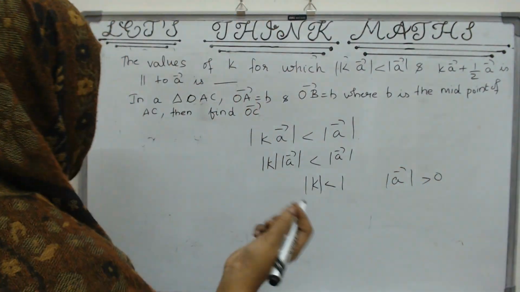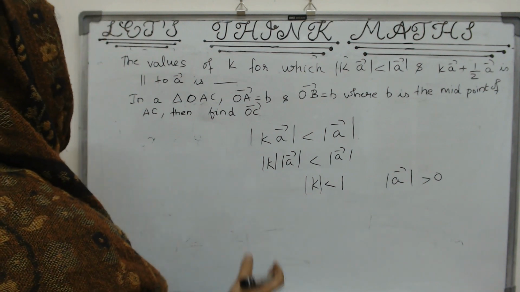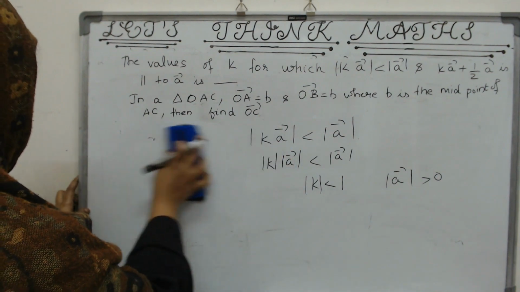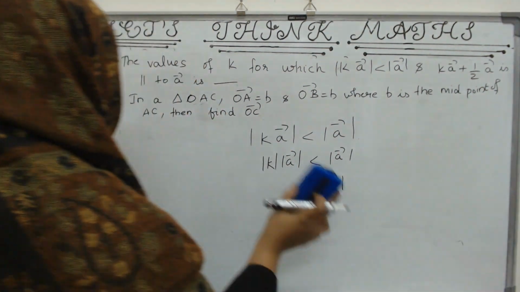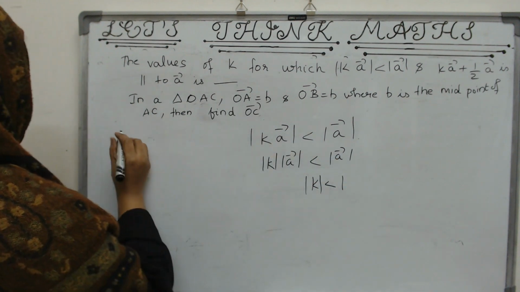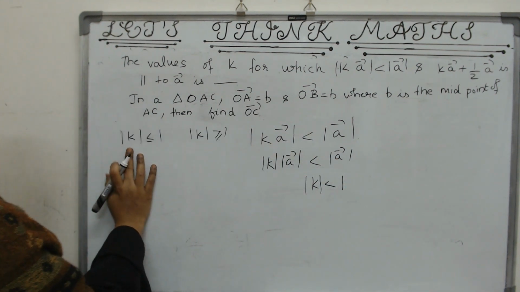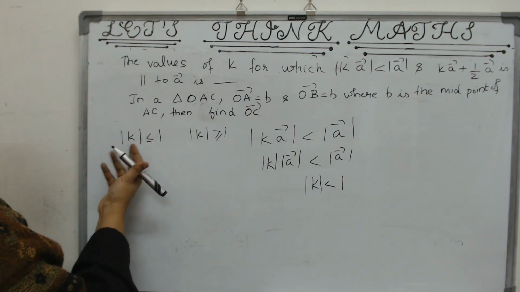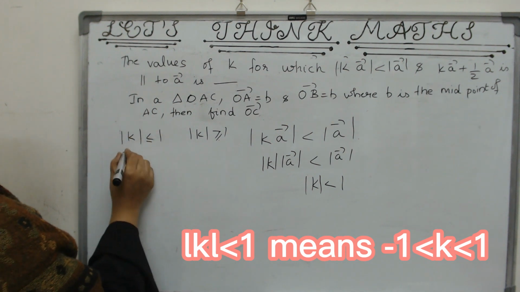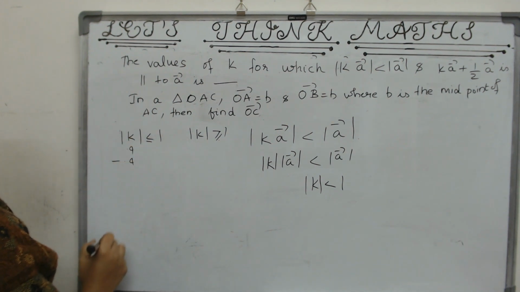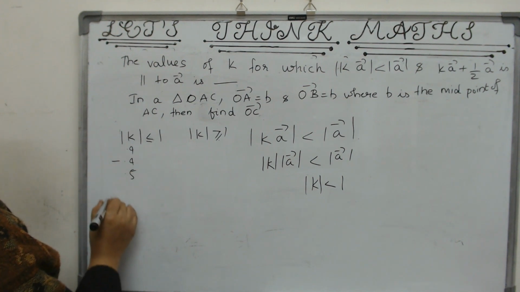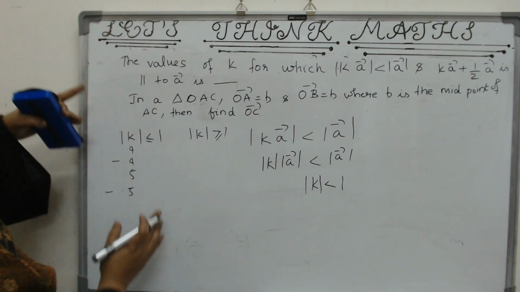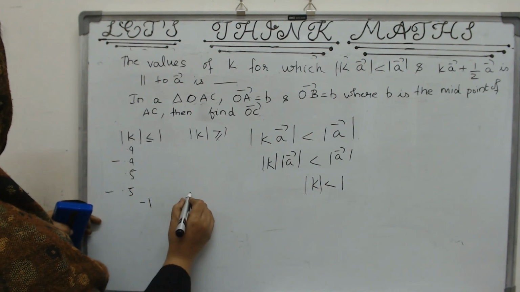Now these are simple steps, but you have to know how modulus behaves and how the inequality sign behaves. Now what does this mean? Let us see what modulus of k less than or equal to 1 means. Take any number: if it is less than 1, 0.4 or minus 0.4, 0.5 or minus 0.5, in other words, it includes all the numbers between minus 1 and 1.